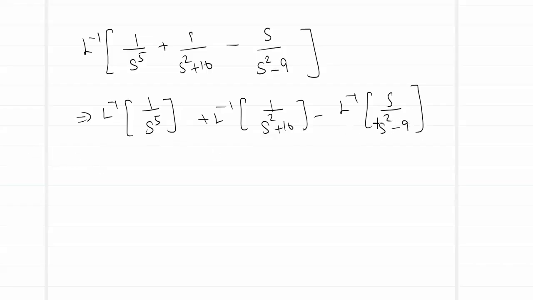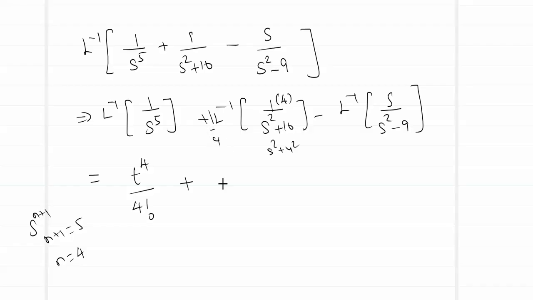So now for individual components, I can apply inverse Laplace to get the answer. 1 by s power 5 gives you t to the power of n, where s to the power of n plus 1, n plus 1 is 5. So what is n? N is 5 minus 1, which is 4. So this is t power 4 divided by 4 factorial. Next, the 16 is nothing but my s square plus 4 square. What is missing in the numerator? 4 is missing. So I multiply and divide by 4.